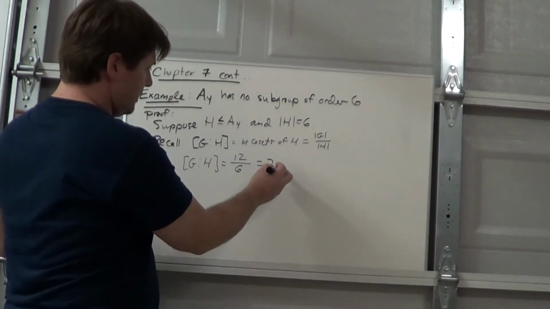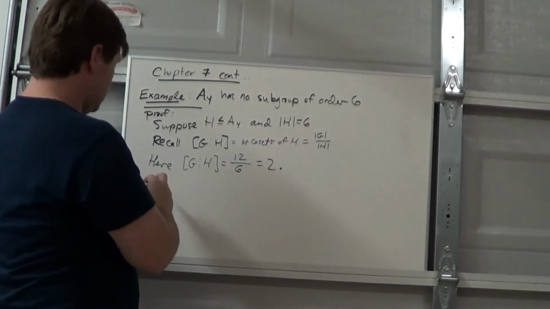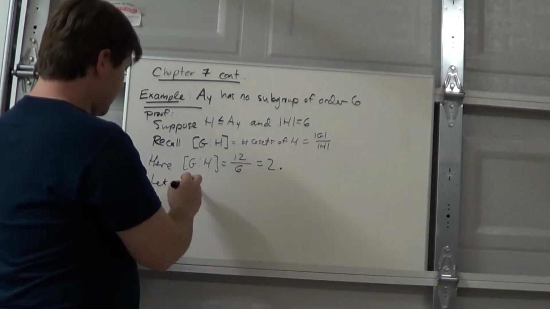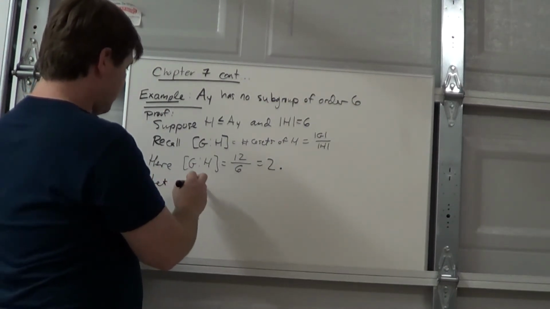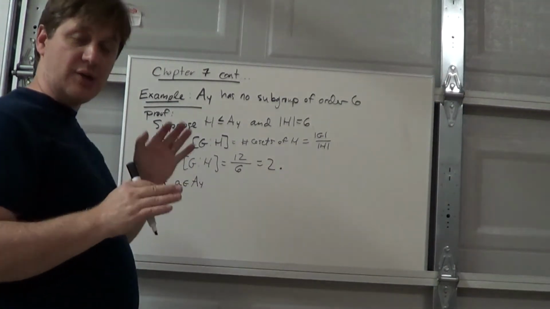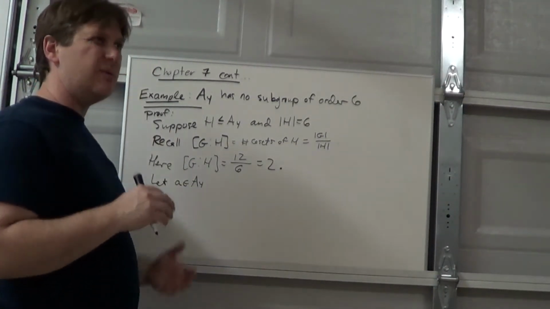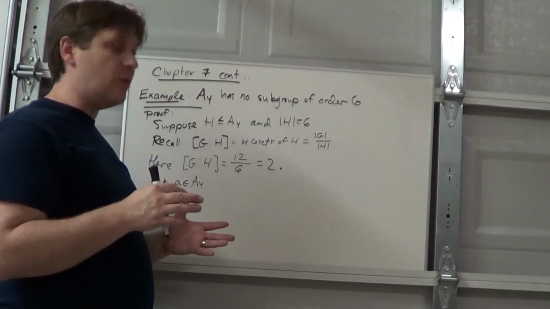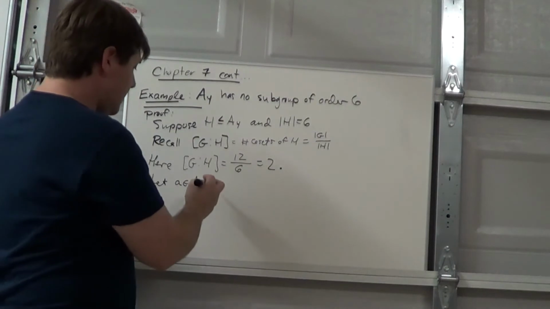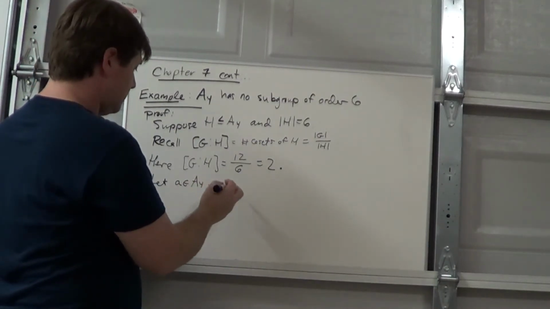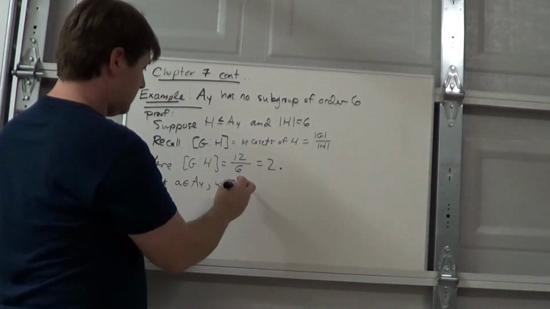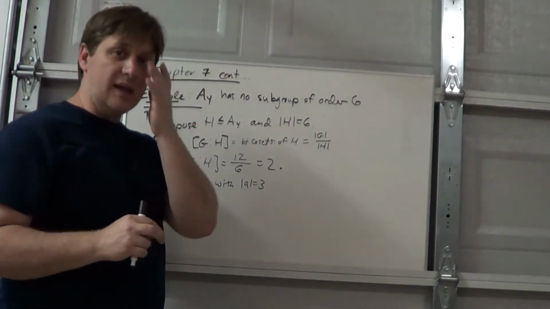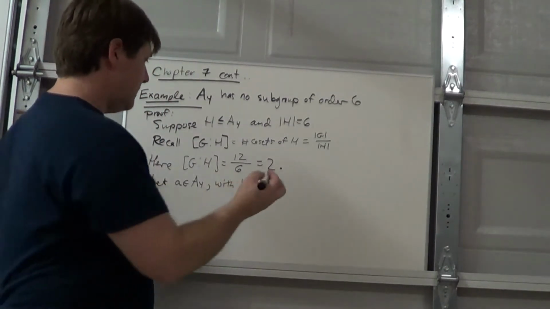So, let A be some element in A4, right? Then it's an even permutation. Okay? What kinds of permutations are there that are even in A4? Any 3-cycle will be an even permutation, right?